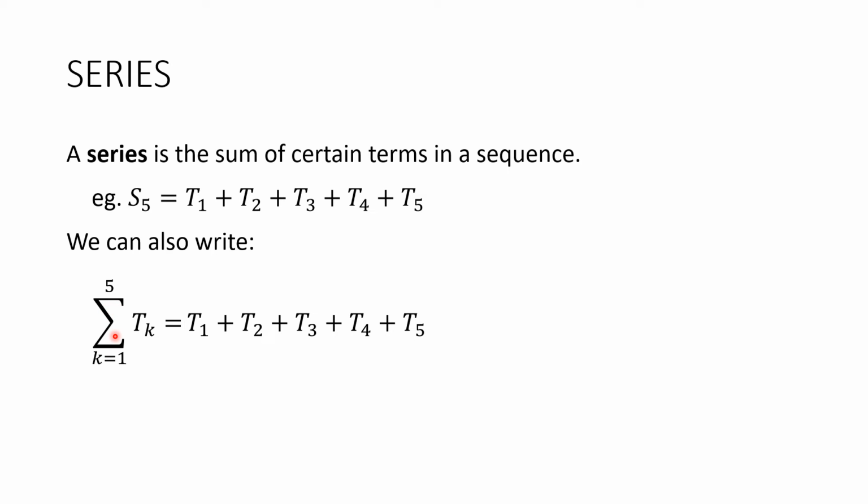Now the good thing about sigma notation is you don't have to start at term 1. Here you do. This S notation means the sum of the first 5. But we could write this in sigma notation. So this means the sum of the terms in the series from k equals 6 up to k equals 9. So you start at 6, then add 1, add 1, add 1 until you get to 9.